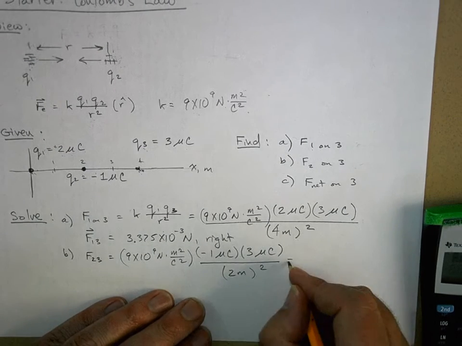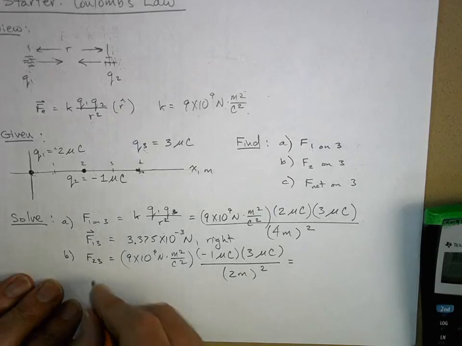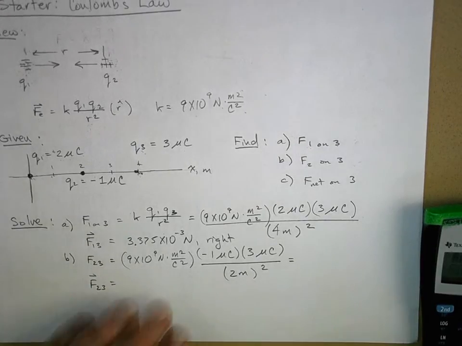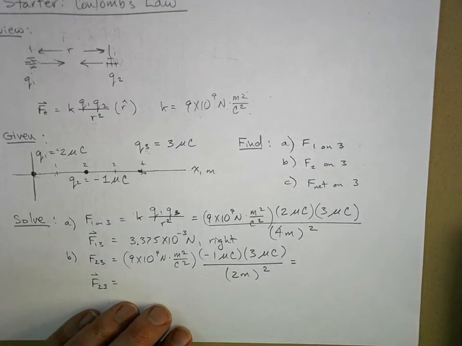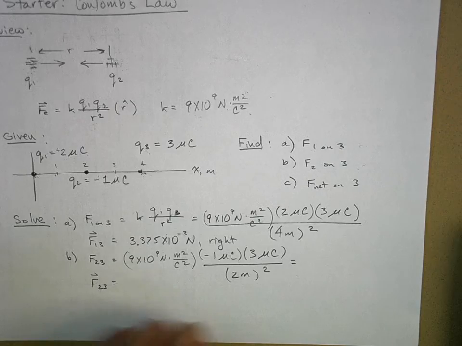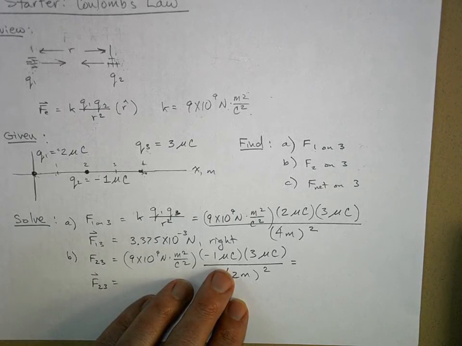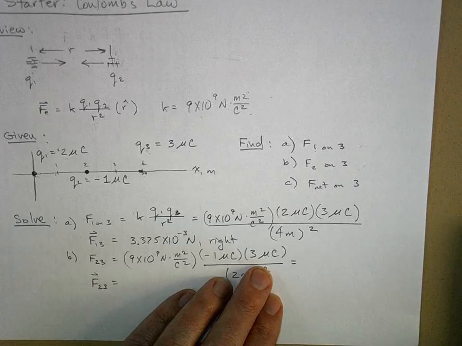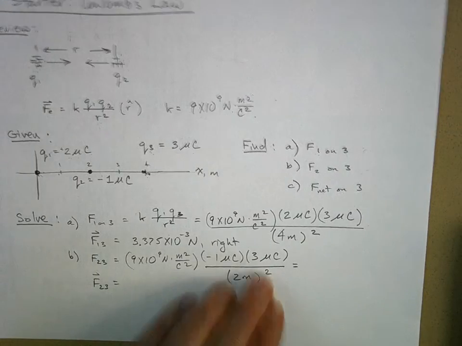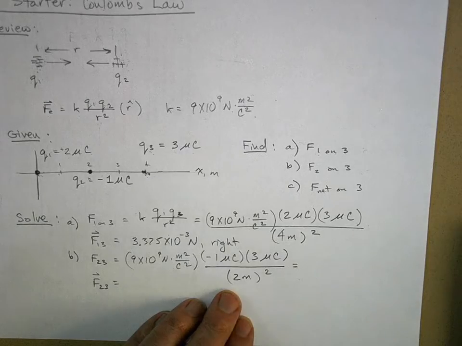So let's figure out what that is. So this is the force of 2 on 3. And so 9 times 10 to the 9 times negative 1 times 10 to the negative 6 times 3 times 10 to the negative 6 equals, and then this is divide by 4. 2 squared is 4.